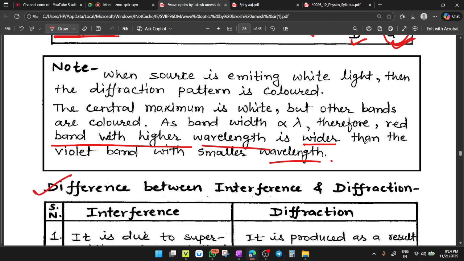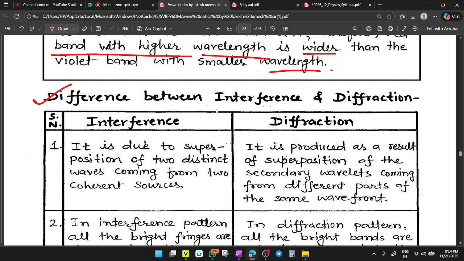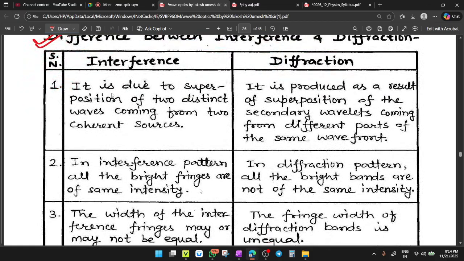Now, the difference between interference and diffraction. This is a very important question in examination. Interference is due to the superposition of two distinct waves coming from two different sources. There we have seen the two sources S1 and S2, and we have performed the interference of the waves from the two different sources, and those sources are coherent. Here, diffraction is produced as the result of superposition of secondary wavelets coming from different parts of the same wavefront.